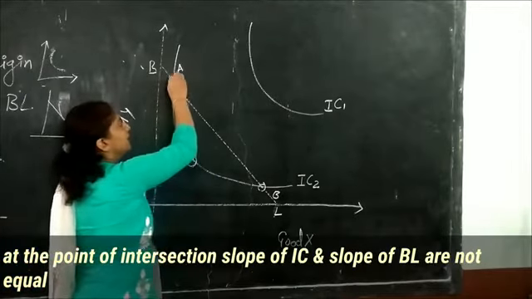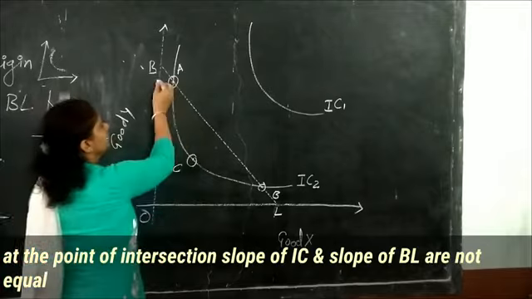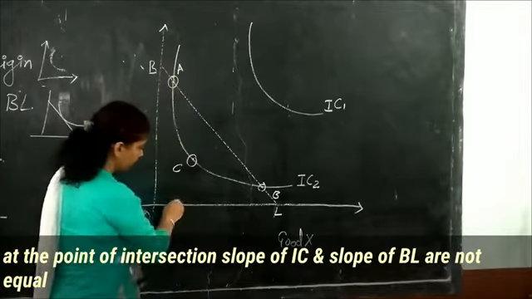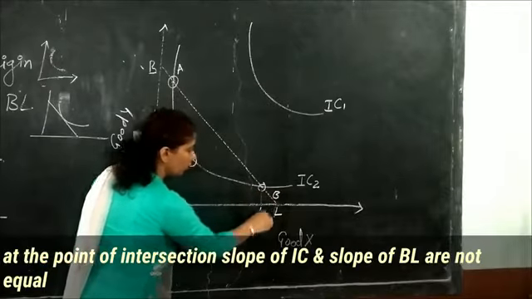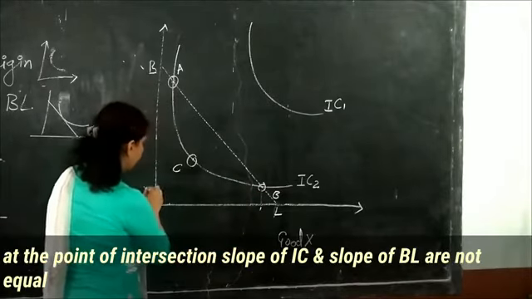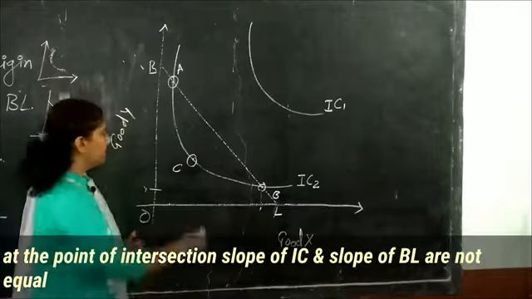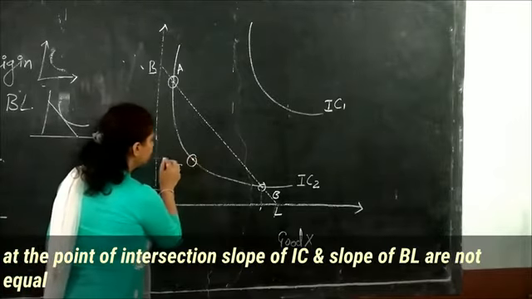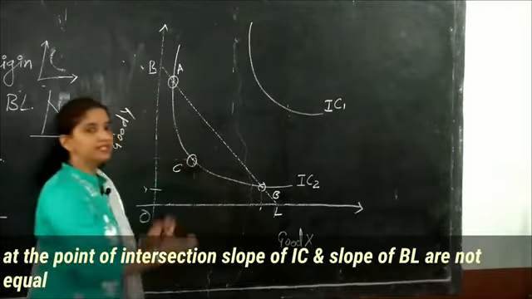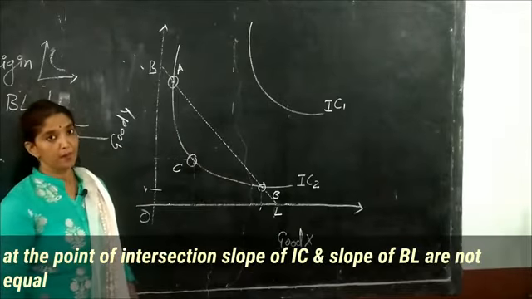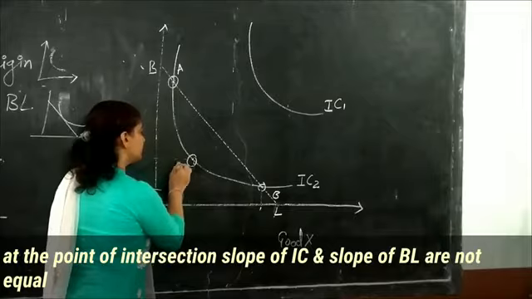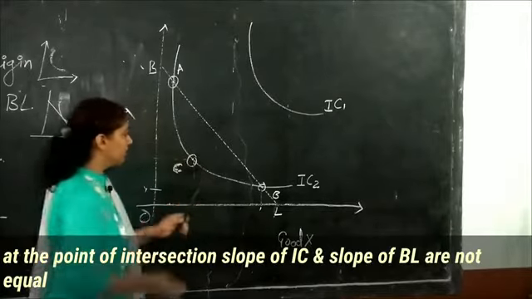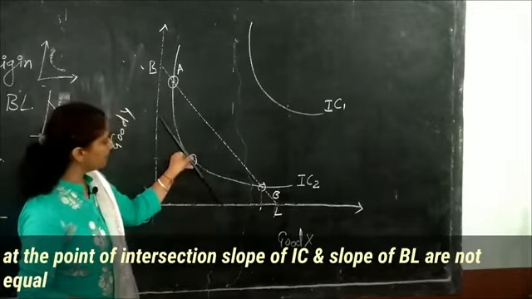The reason is, at combination A, the consumer is purchasing more of Y and less of X. At combination B, the consumer is purchasing more of X and less of Y. And at combination C, he is purchasing less of X and less of Y. Combination C is under the budget line.